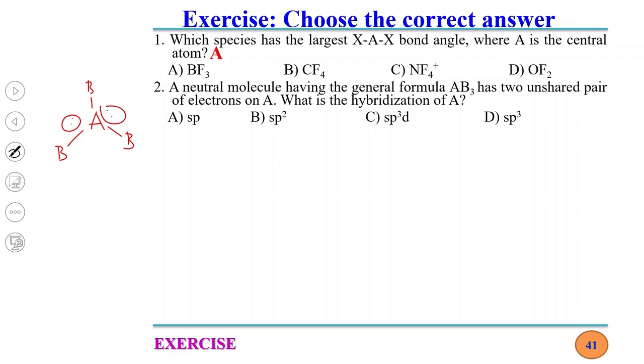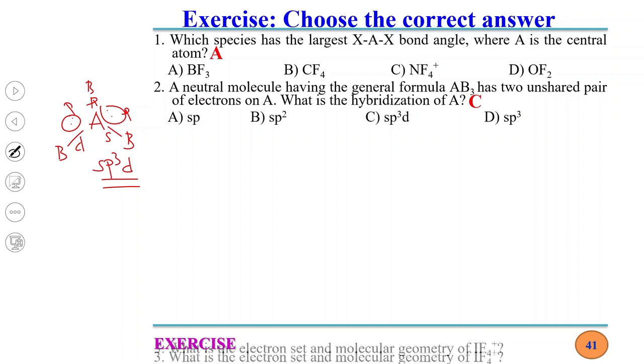So the question is, what is the hybridization of A? If this is s, p, p, p, up to 3, because p has 3 orbitals and we are left with only 1 bond, we give that one d. So we have sp3d. This is the hybridization of the central atom, sp3d. C is the correct answer for this question.